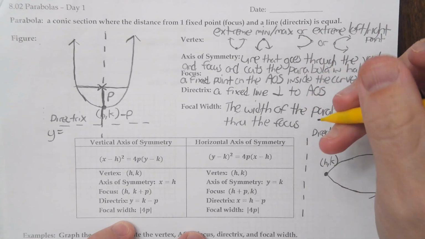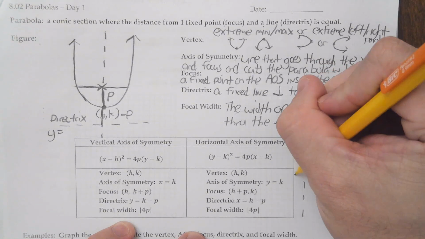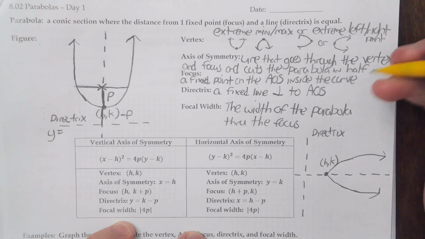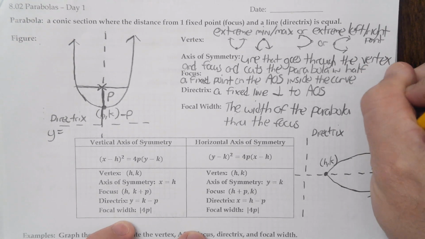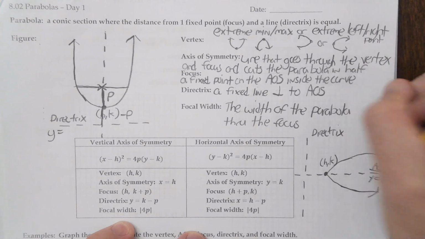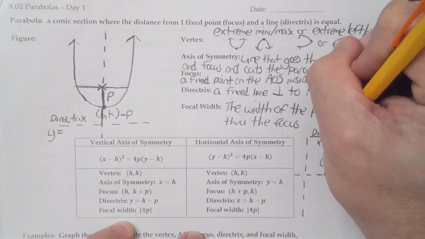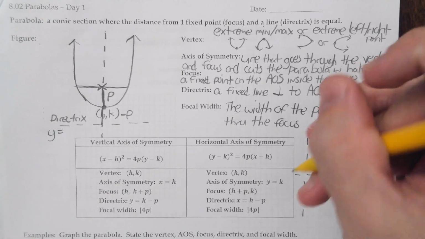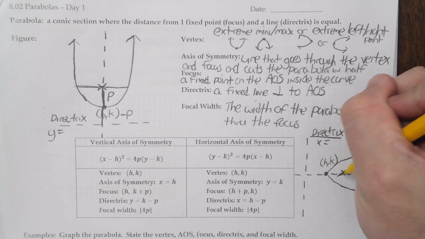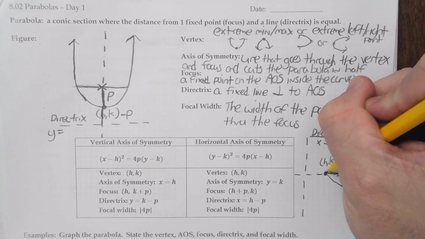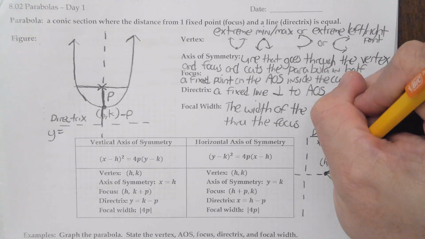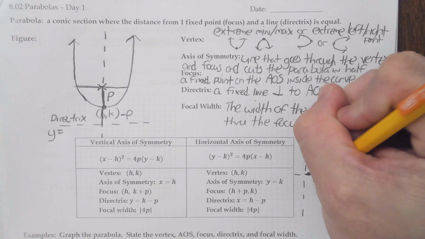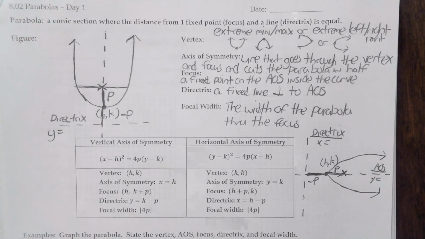Our axis of symmetry is now going horizontally through it, so it's y equals, whereas our directrix is now x equals. Our focus, our fixed point, is still inside the parabola, always inside, and that distance is p. To get from the directrix to the vertex, we go opposite, negative p.